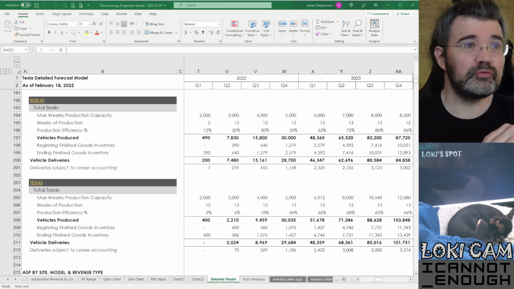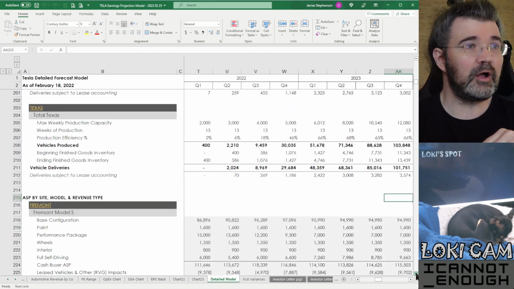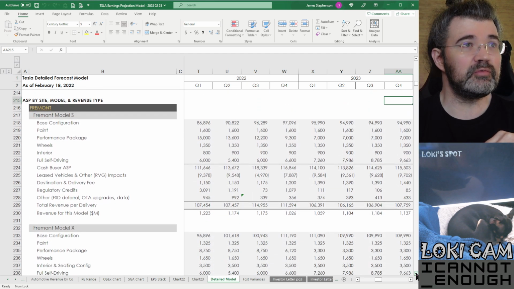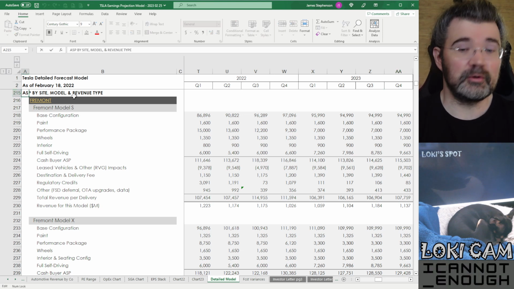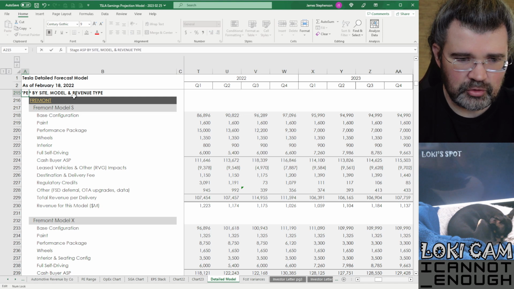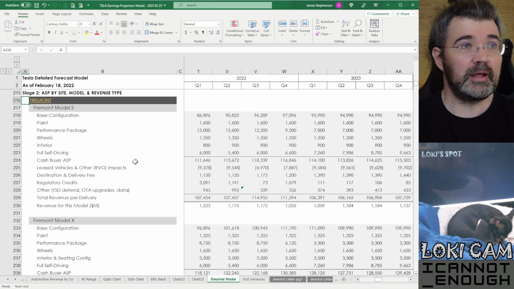So I'll just keep scrolling down the list. So we've made it all the way down to row 215. I'm going to call this stage 2. Stage 2. ASP by site model and revenue type.